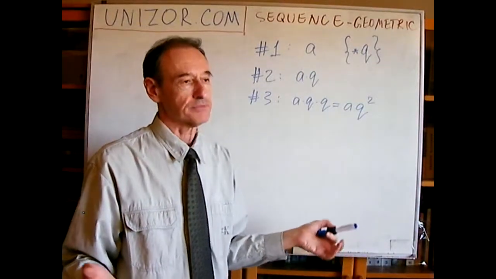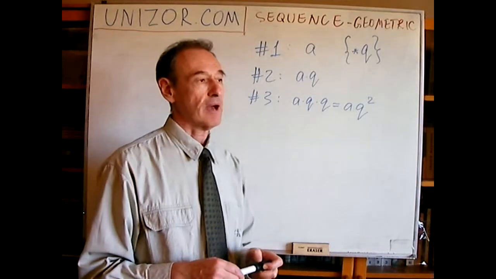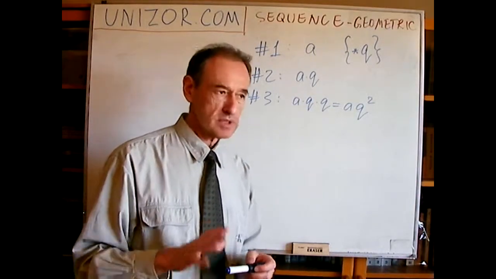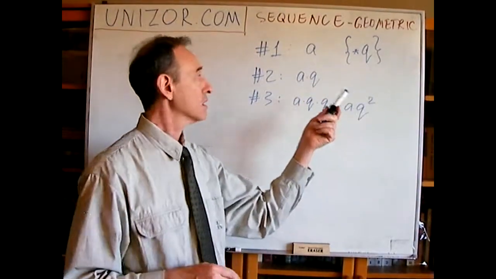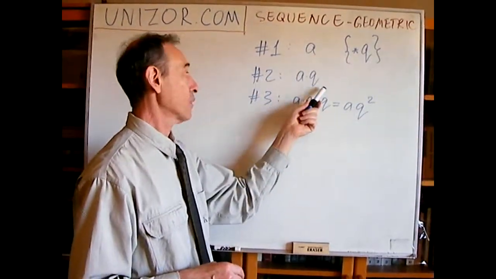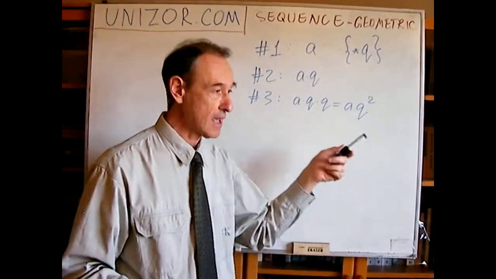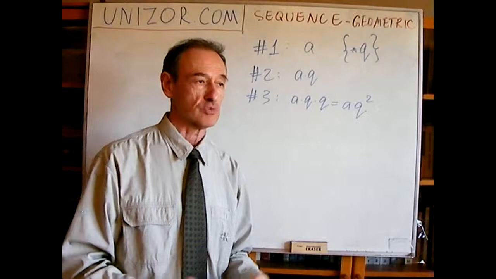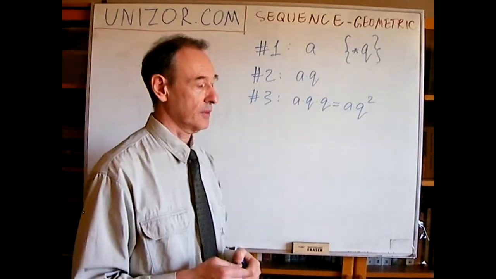It's kind of geometric progression, but very uninteresting. Another also trivial case is when q is equal to 1. So you will have a times 1, which is a times 1 times 1, which is still a, so the whole geometric progression would contain the same element repeated many times.